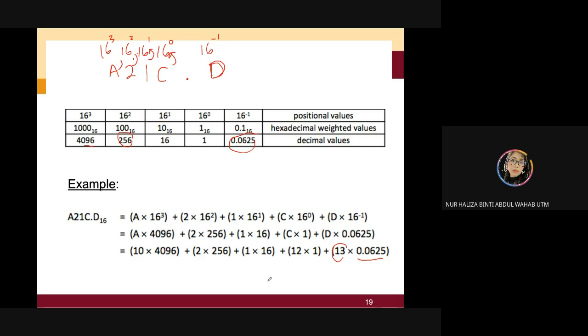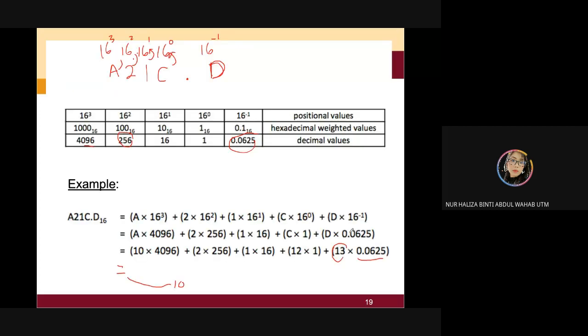So when you add all together, this is how the representation is used. And that's why the value in decimal you will get is if you add all the values here. So you need to try to get the answer. Although you can directly convert from hexadecimal to binary.